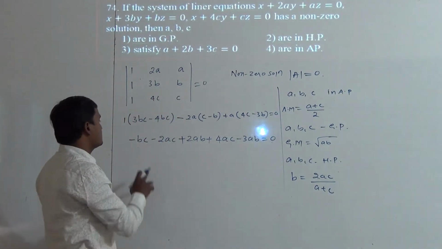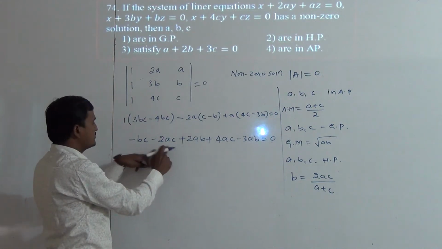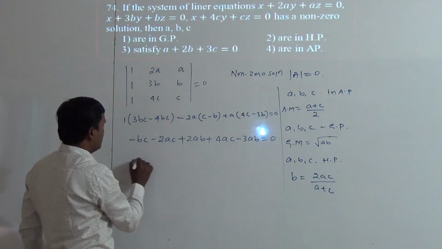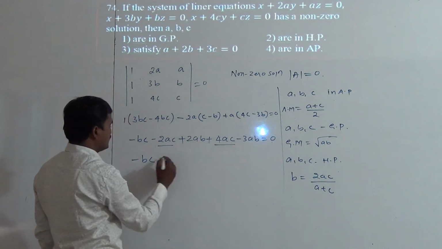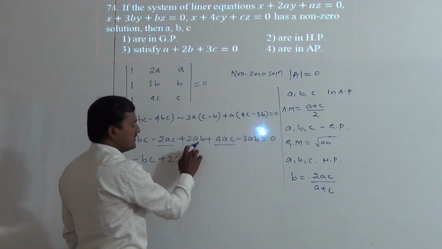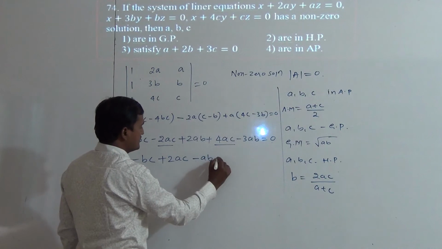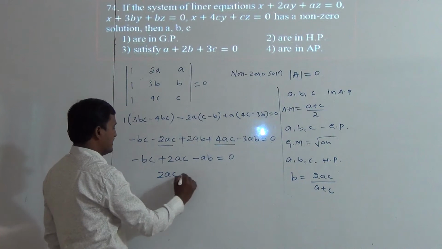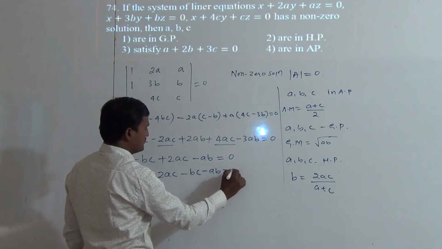Simplifying, we have 4ac and 2ac minus bc, so clearly minus bc, and 2ac plus 4ac means 2ac, and minus 3ab plus 2ab is minus ab. This is equal to 0. So, 2ac minus bc minus ab is equal to 0.